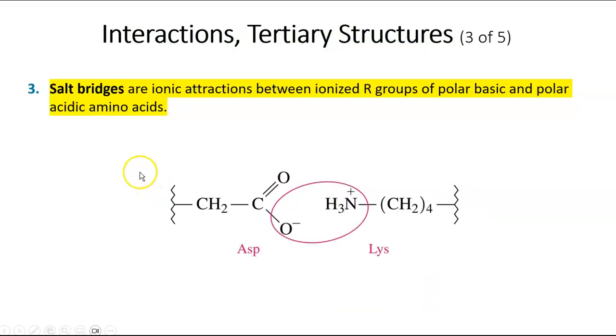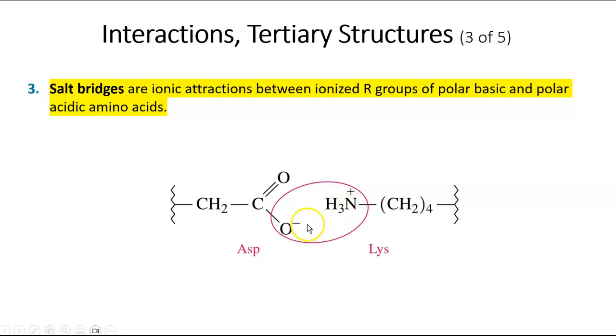Another interaction that makes these tertiary structures is called salt bridges. As the name implies, salt bridges are ionic interactions, which means the salts are ionic compounds, right? They contain a negative ion and a positive ion. So the interaction happens between these negative and positive charges.